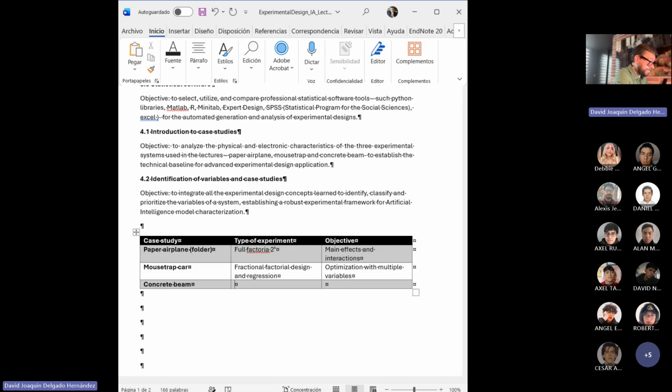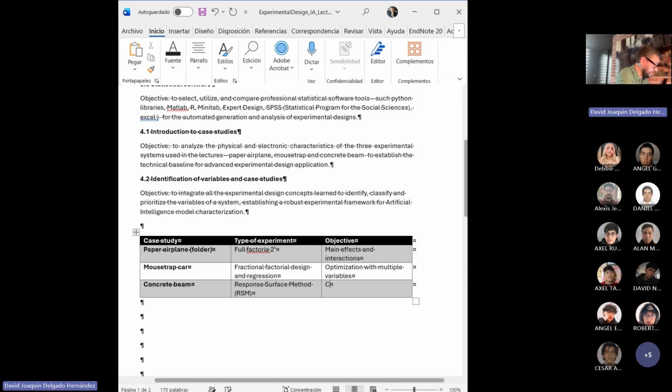And finally, we are going to use the response surface method, whose acronym is RSM. And here the idea is to analyze the curvature, optimization and prediction.